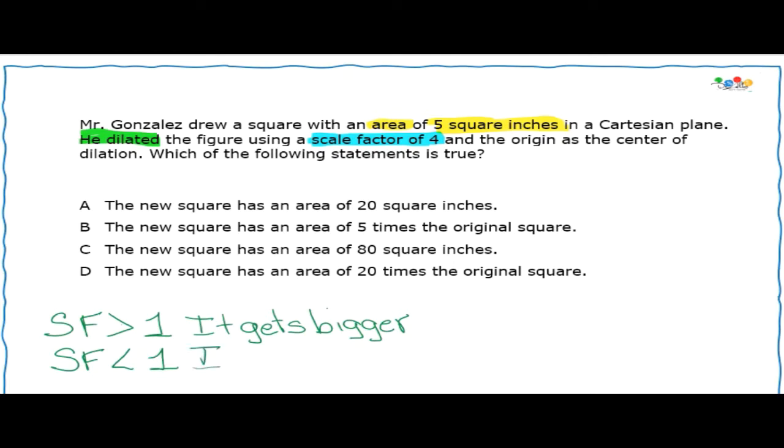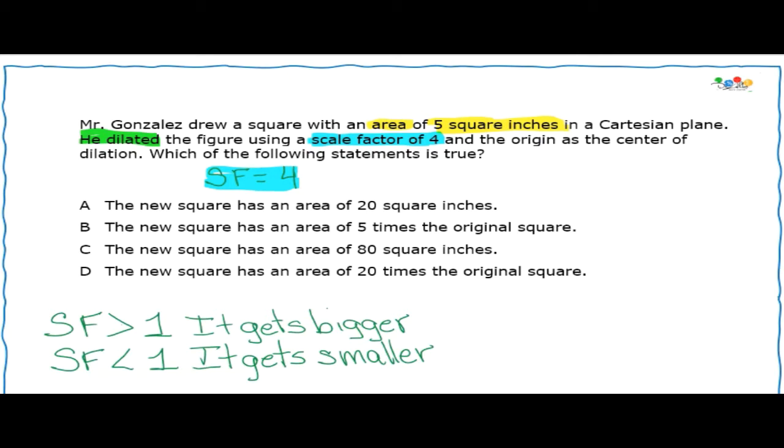Then it gets smaller. Very good. So right now, I see the scale factor. It's 4, right? So we'll write it down somewhere over here. Scale factor equals 4.